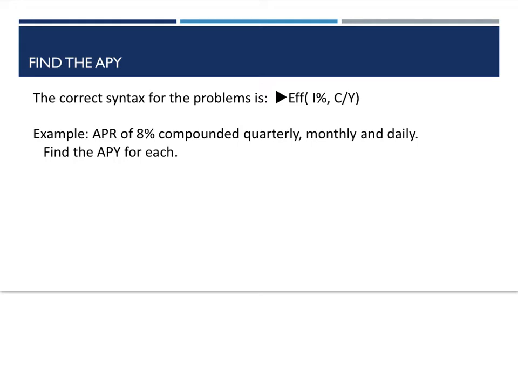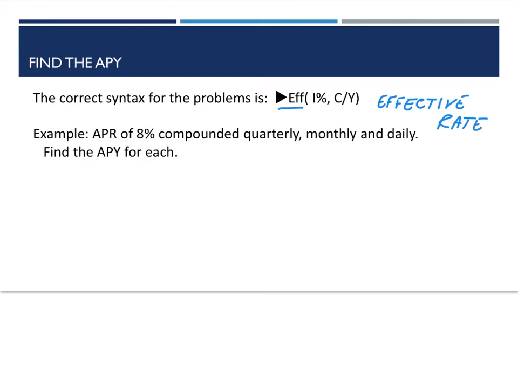The command is an arrow with EFF. EFF stands for effective, because the APY is also known as the effective rate. So they just didn't make up 3 different letters for the APY. Your calculator's going by its other name, the effective rate.